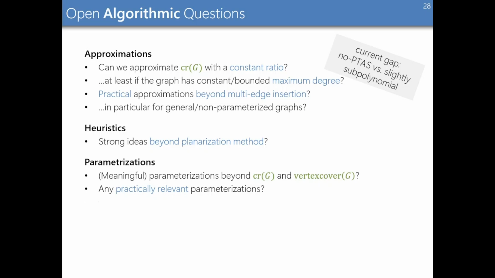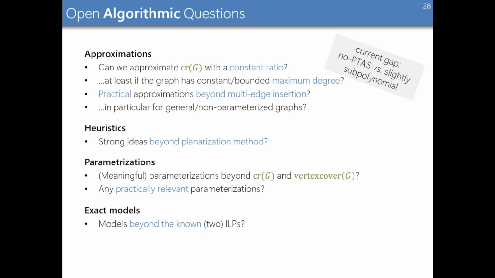Are there any parameterizations beyond the crossing number and the weird vertex cover number of a graph, both of which do not turn out to be helpful? Are there any parameterizations that are practically relevant and not enormously super exponential in the parameter? We don't know of any.